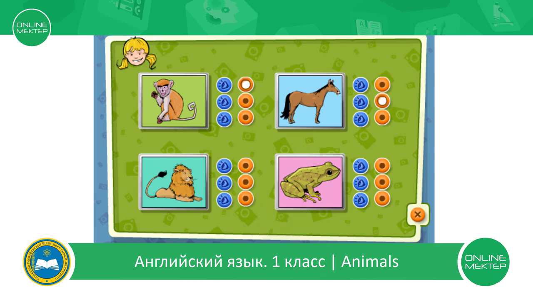Picture number 3. Lion. Is this a picture of a lion? Yes, it is. And the last picture. Dog. Is this a picture of a dog? No. Monkey. Is this a picture of a monkey? No. Frog. Yes, it's a frog.